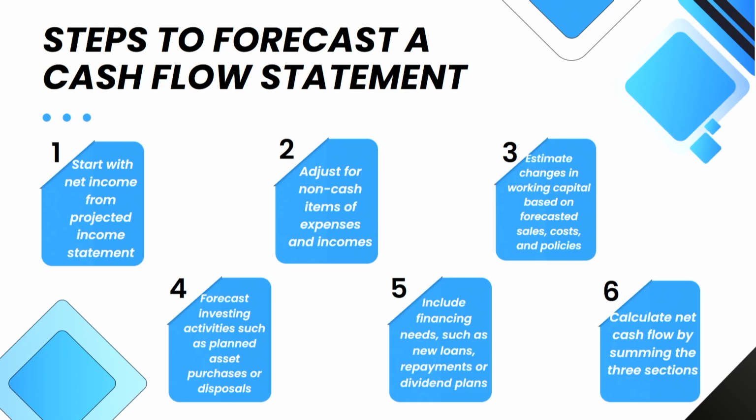Then, moving further, in step 5, we include financing needs such as new loans, repayments or dividend plans and so on. That more or less addresses the third component of the cash flow statement, which is popularly termed cash flow from financing activities, where we look at the additional mobilization of capital by issuing shares or debentures or by floating other financial instruments.